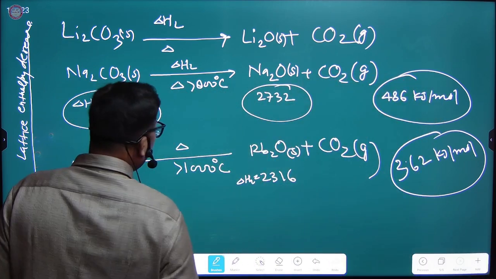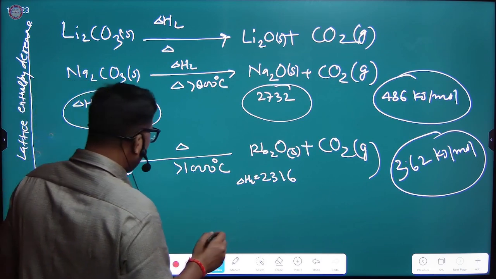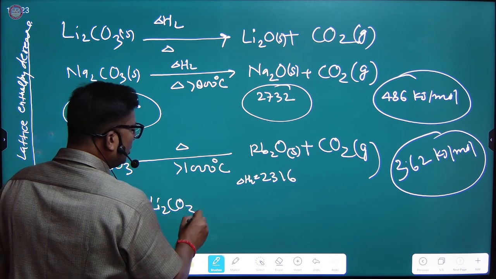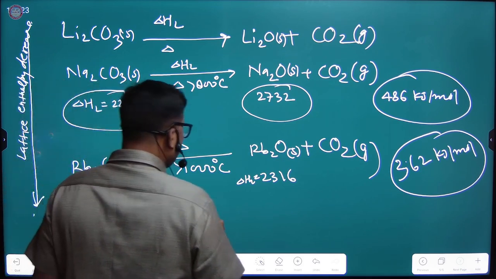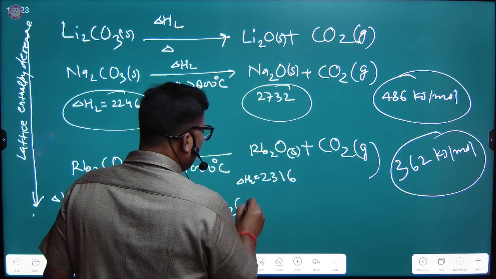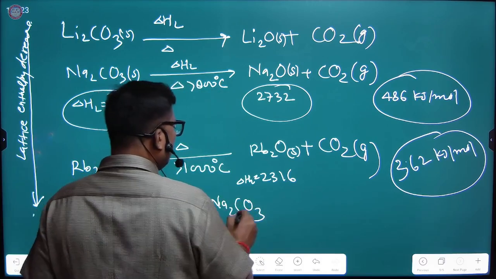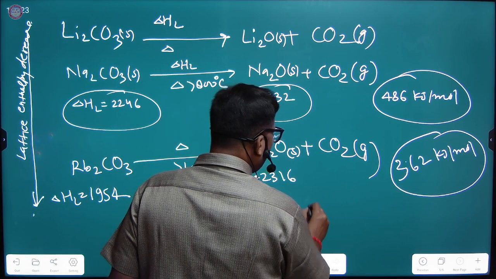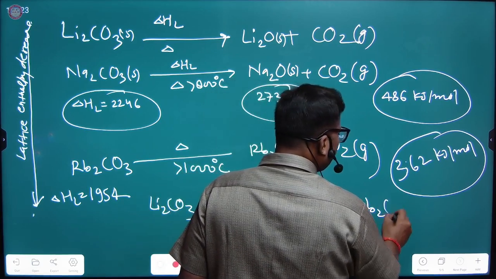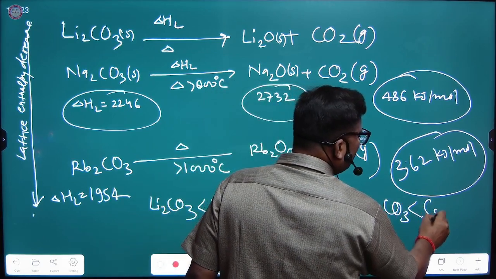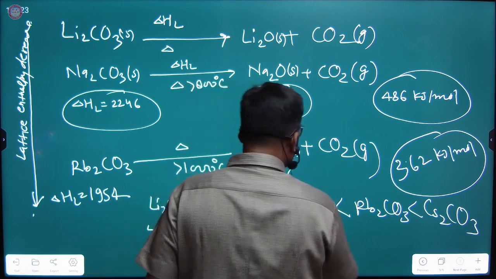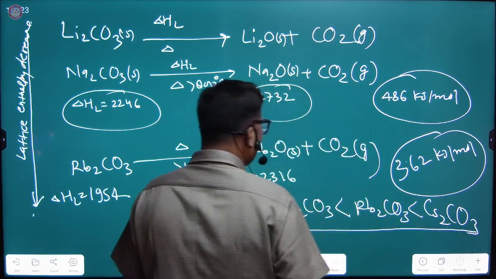So we can put a series: lithium carbonate is least stable, and next sodium carbonate is a little more stable, then potassium carbonate, and then rubidium carbonate, and then cesium carbonate. So thermal stability increases from left to right.